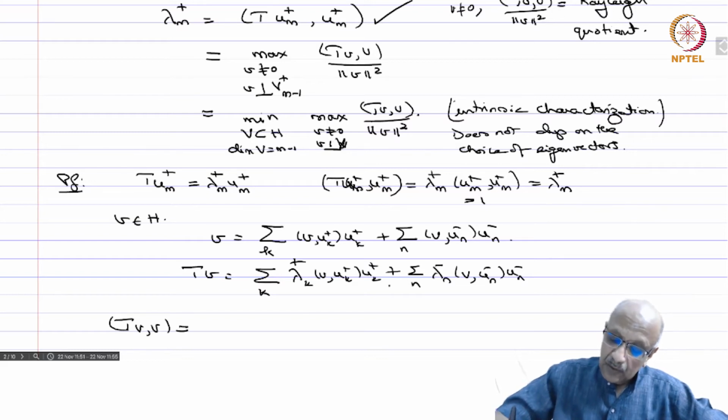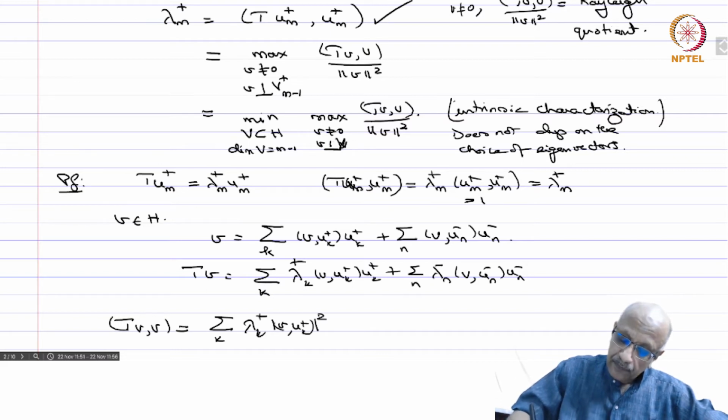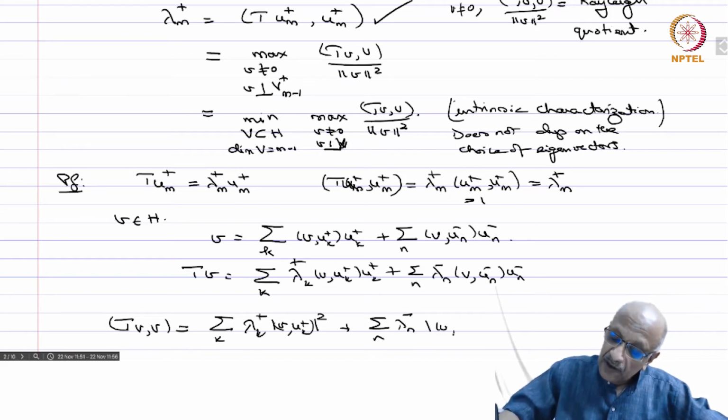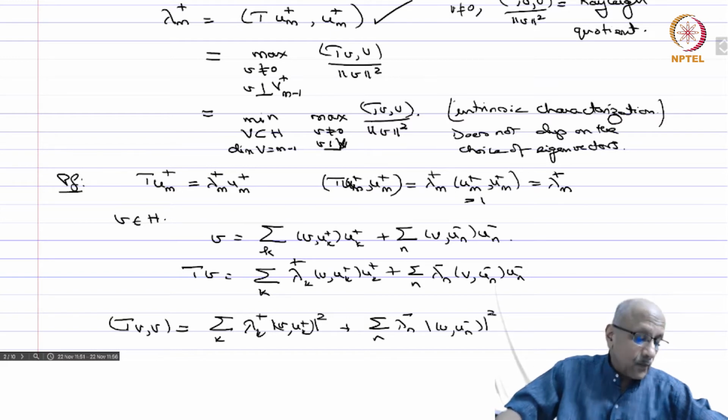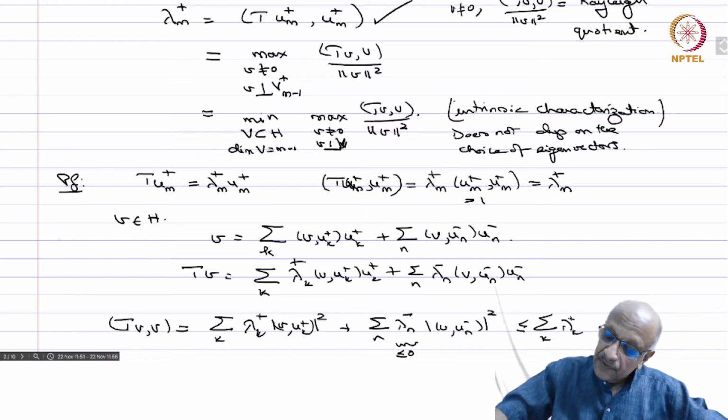Only the square terms are going to remain. So this will be equal to sigma over k lambda_k^+ |<v, u_k^+>|^2 plus sigma over n lambda_n^- |<v, u_n^->|^2. And recall that all lambda_n^- are negative, and therefore this is less than or equal to sigma over k lambda_k^+ |<v, u_k^+>|^2.